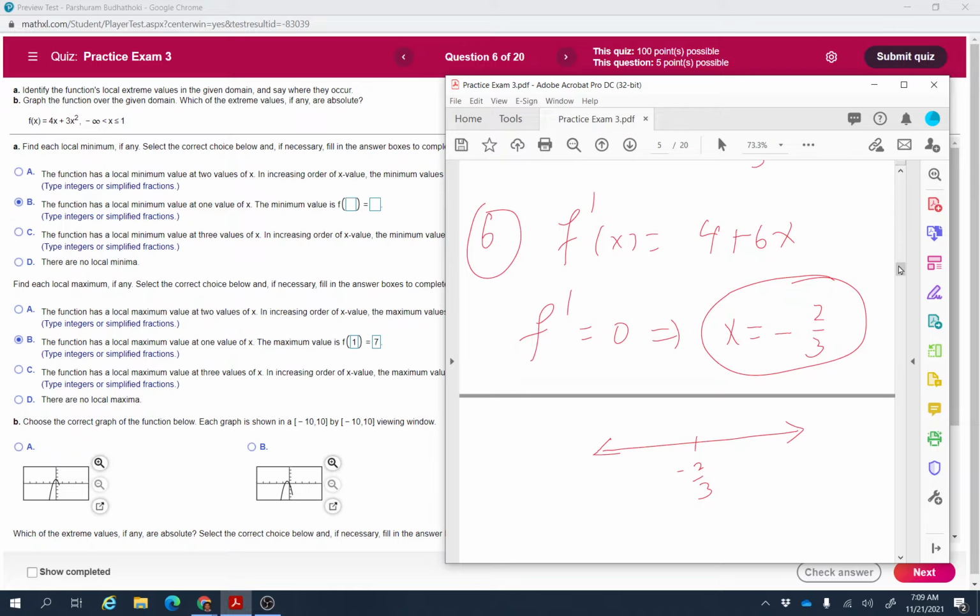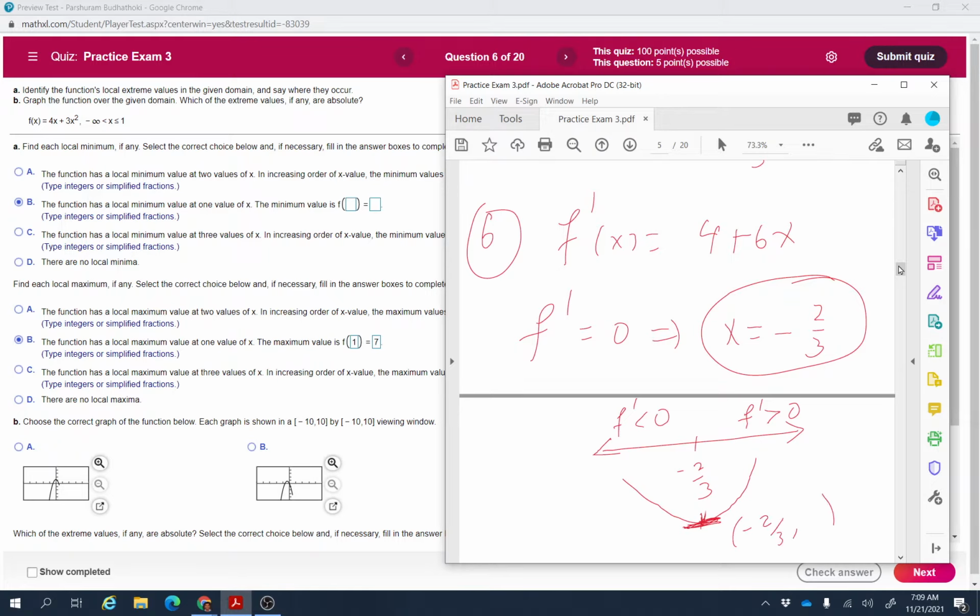If you take, let's say, -1, the value would be negative, so the derivative would be negative here and positive here. So the function is decreasing until -2/3, and after that the function is increasing. So at this point you are going to find the local minimum.